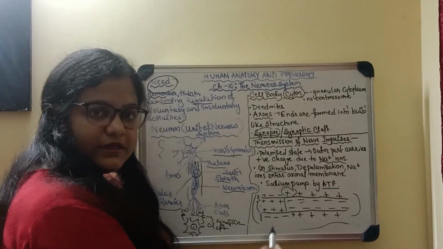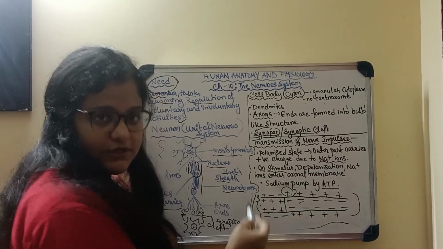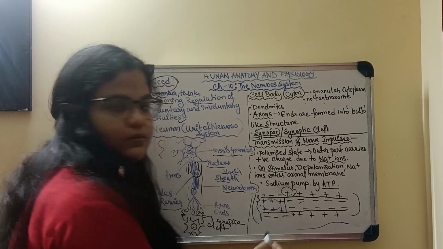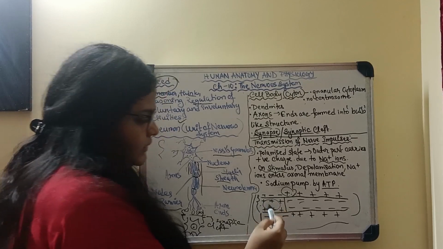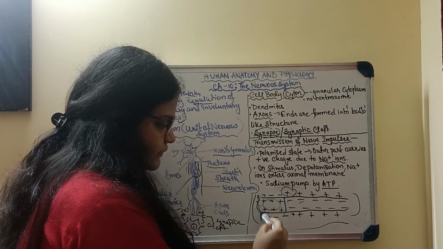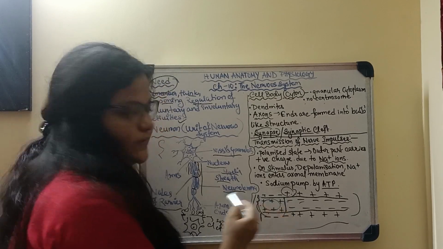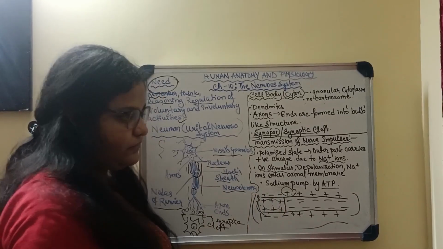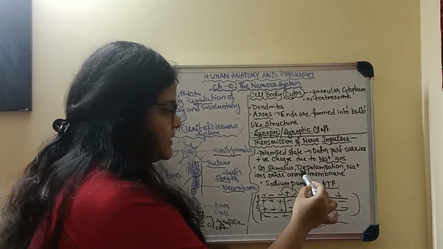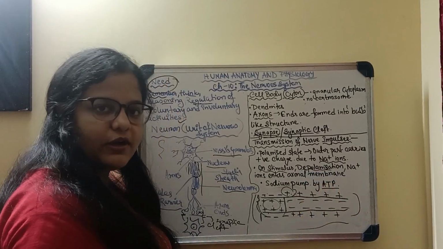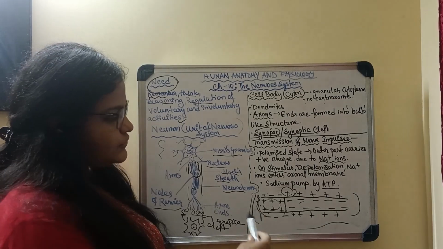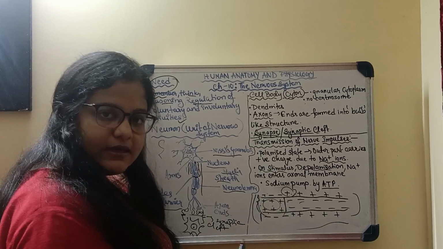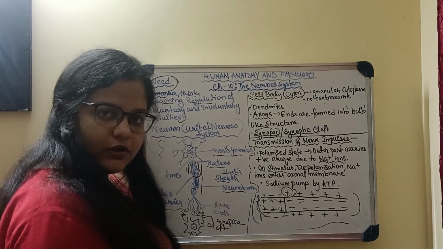So due to the permeability of the axonal membrane, the Na plus ion rushes inside the axonal membrane. Due to that, that particular part, the inner part of the axonal membrane becomes positive while the outer part becomes negative, and that condition is known as depolarization, right?